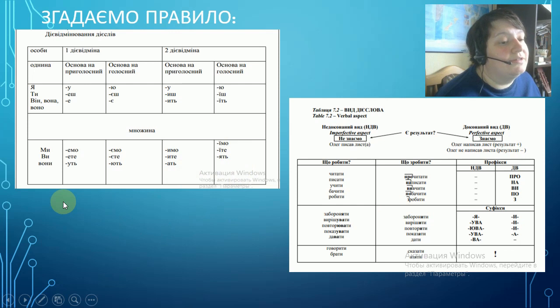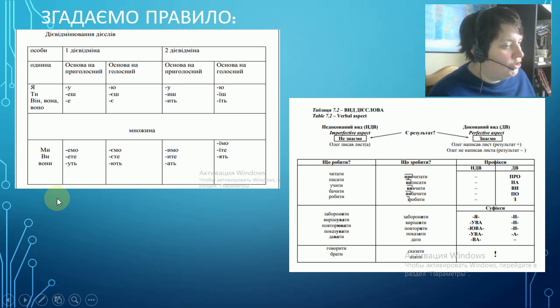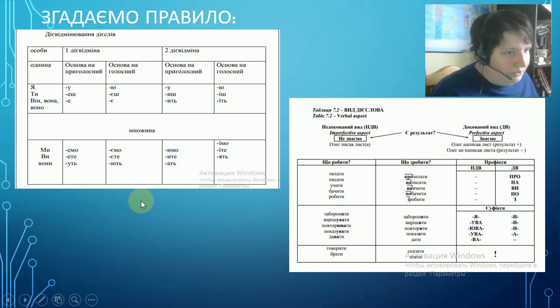Okay, and how to know which type of conjugation is this word? Just remember, when you look at the dictionary, try to learn this verb with the type of conjugation. Because it's impossible to know which type of conjugation it is without looking at these endings.